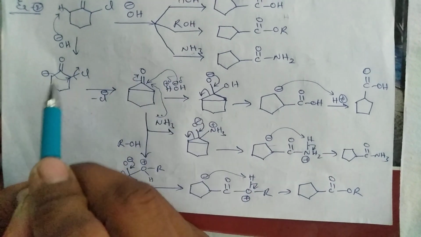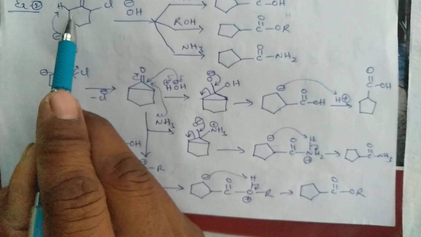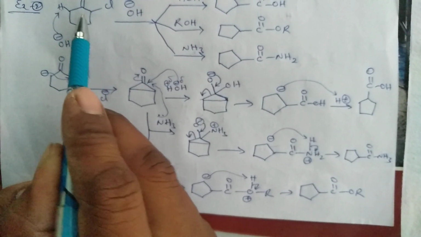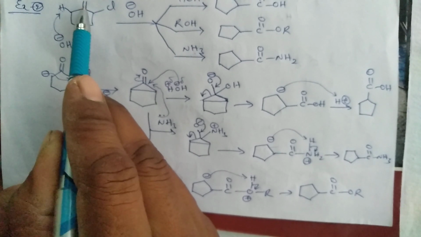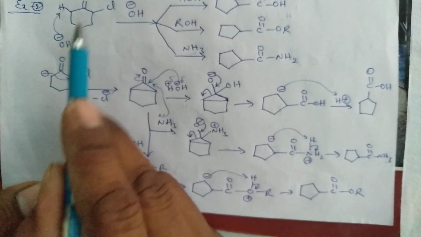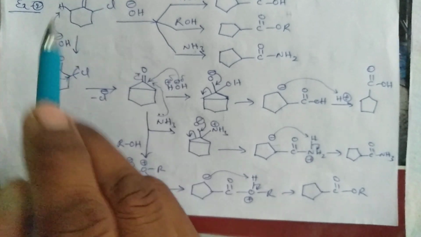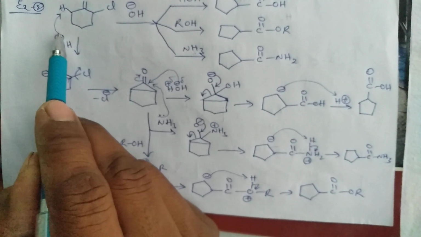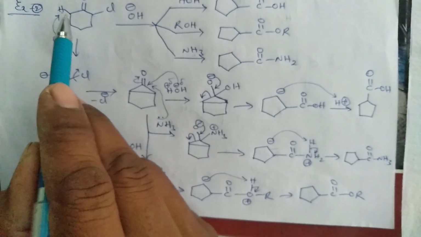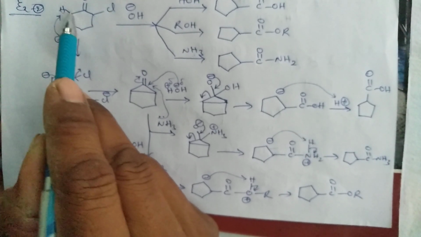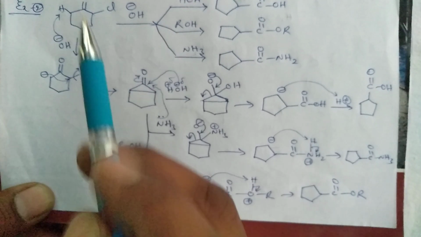First, here, which is also alpha halo cyclohexanone. Okay, when this cyclohexanone is treated with the base, it abstracts the H plus ion from this carbon center and makes this carbon electron rich.